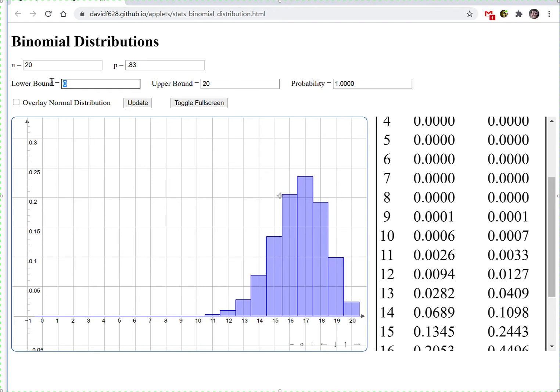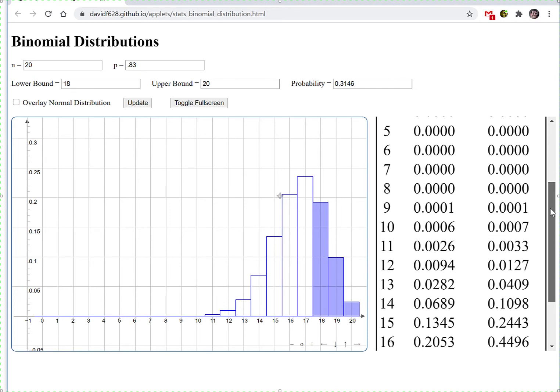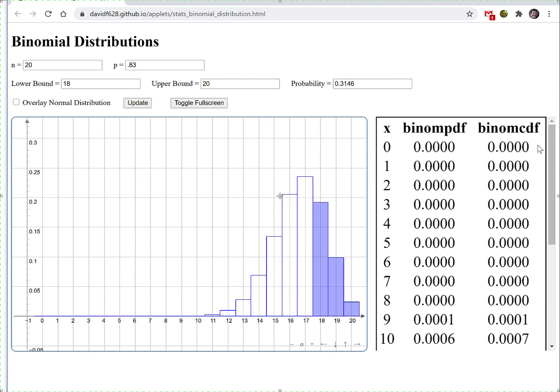Effectively, what we're trying to do is find the probability of 18, 19, and 20, because those are all the probabilities that are greater than 17. Now here, the program reports it to us right as 0.3146. But unfortunately, we don't have a binomial program in the calculator that will allow us to put a lower bound and an upper bound in.